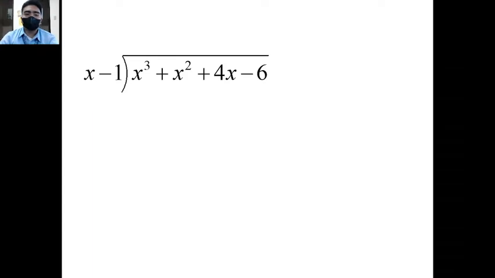So what we usually do is to find the first digit of the number, isn't it? So this time in polynomials, we are going to deal with the first term of your dividend. From your divisor, which is x minus 1, you're going to divide the variable of the divisor towards the first term of your dividend. So how are you going to divide a variable to the two variable?